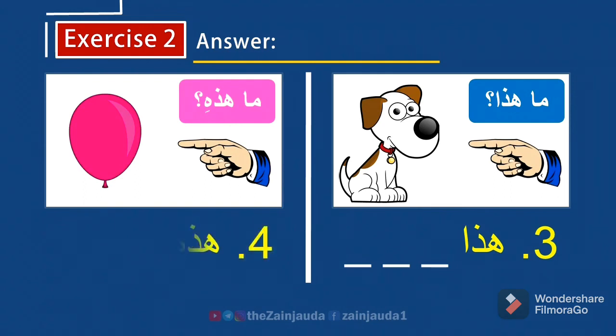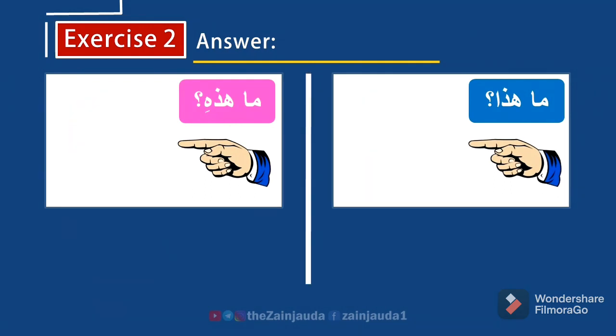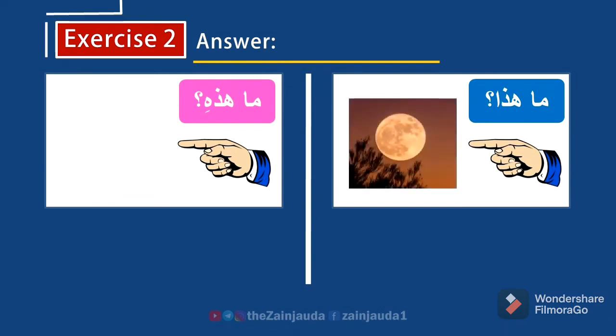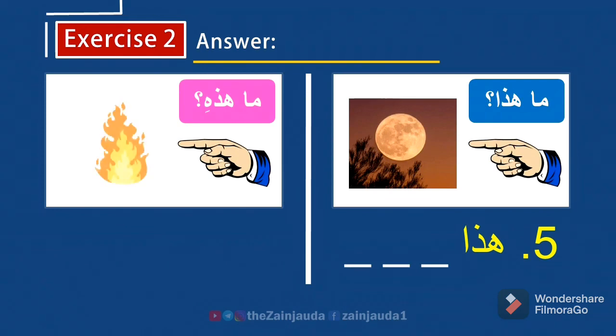Number 4: ما هذه. Number 5: ما هذا. And number 6: ما هذه. Please try to do these exercises and leave the answers in the comments so that I can check whether you got the information or not.